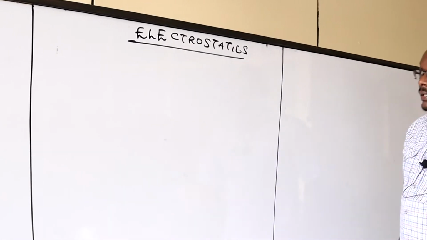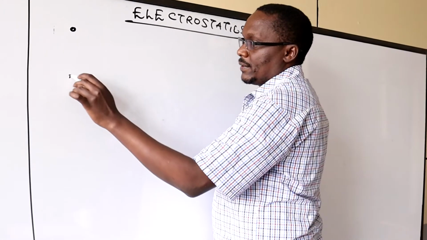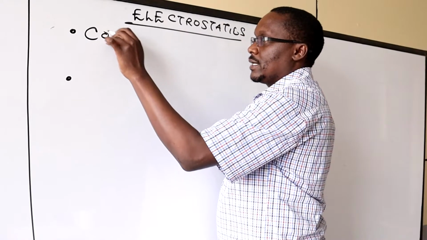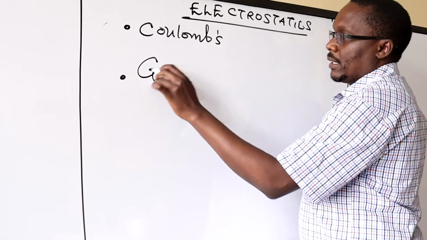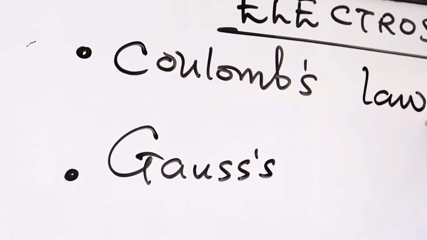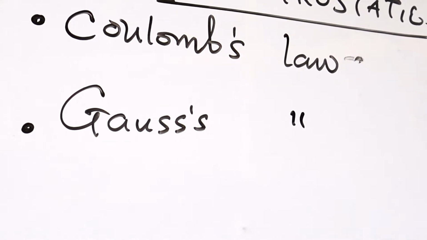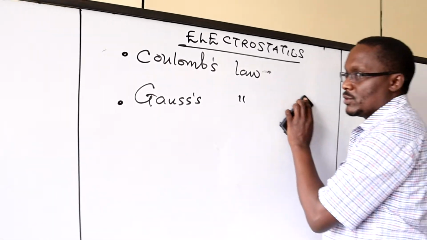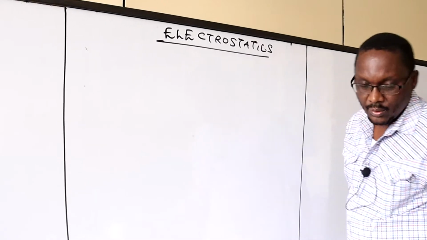Again, in electrostatics, we are going to focus on two major laws, and these laws are Coulomb's and Gauss laws. So without wasting a lot of time, let us look at the first law, which is Coulomb's law.